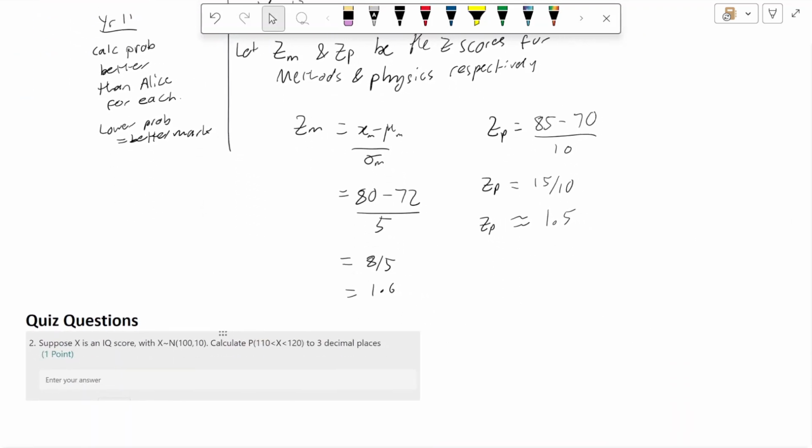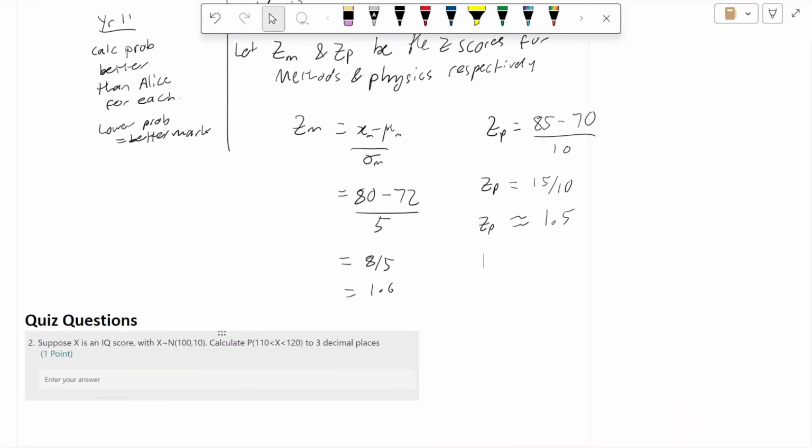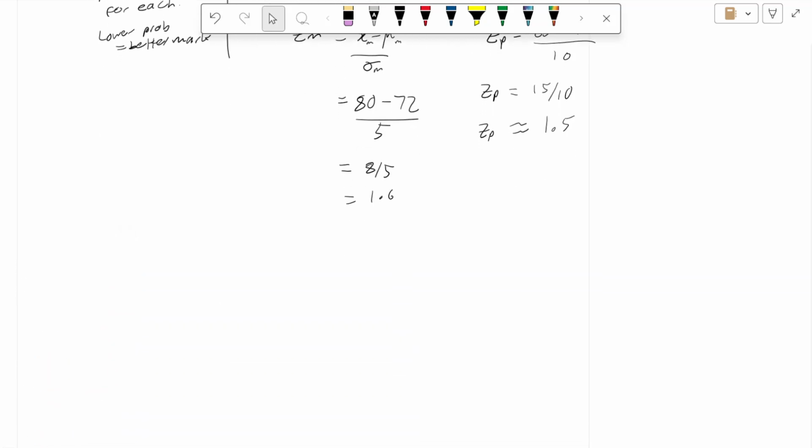If we think about what this looks like on a bell curve, we've got the mean sitting there at 0, and then 1, 2, 3 for the Z scores. Her methods Z score was at 1.6, and her physics Z score was at 1.5.